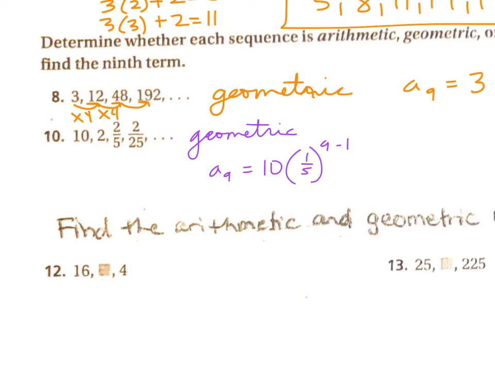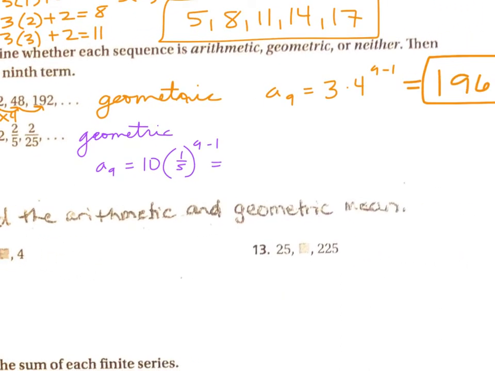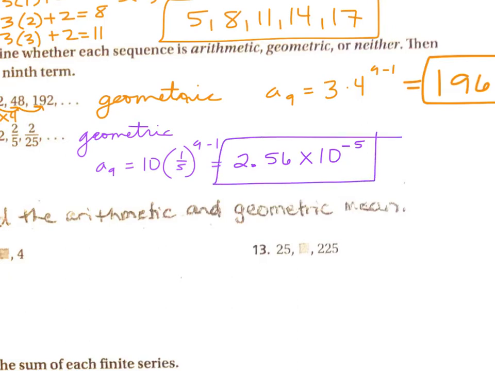So you're taking 1/5 to the 8th power and multiplying by 10. And we're going to put that into scientific notation. So in scientific notation, it should be 2.56 times 10 to the negative 5th power. We had to move our decimal point 5 places to get to here. Okay, so that would be that one.